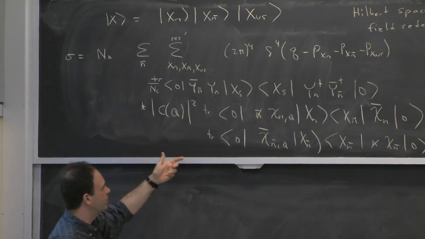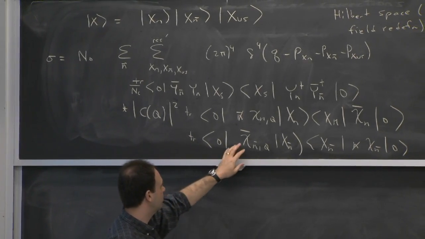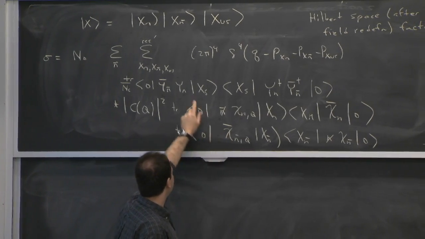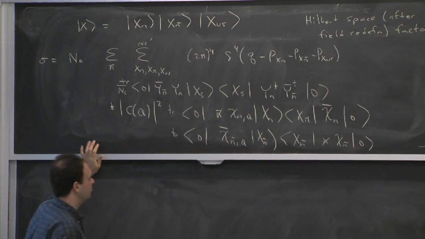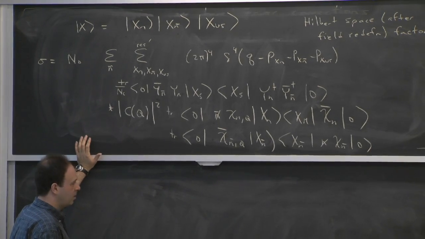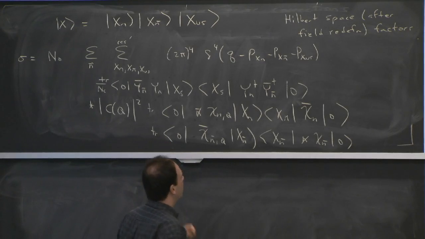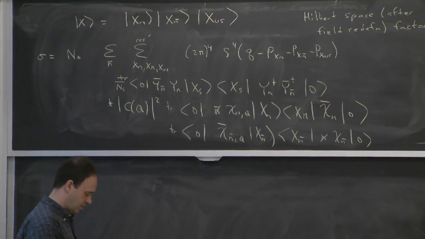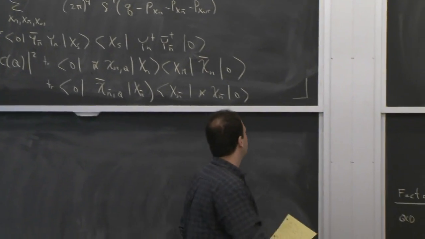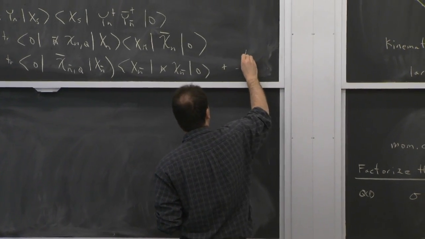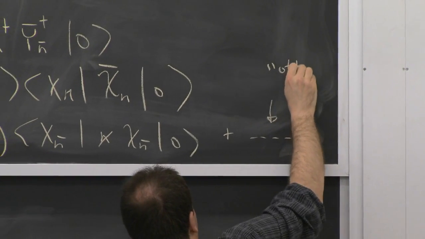When you deal with the color fields, you could get, for example, a T^A in here, but there are ways of getting rid of those terms, related to the fact that you have to argue that certain things are color singlets, but I'm not going to go through that. So there are terms that we're dropping here, and those are the other power corrections.